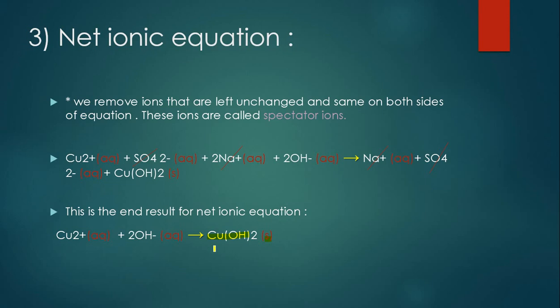As you've seen in chemistry, especially AS level, when you do your practical labs and mix the two solutions together, you see the copper hydroxide as a precipitate. So this copper hydroxide is actually a precipitate.